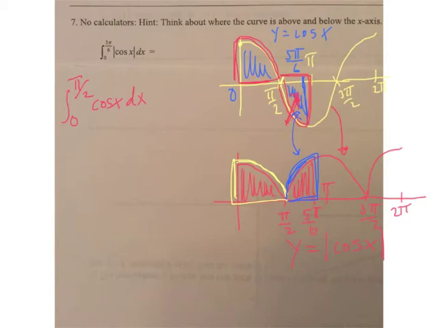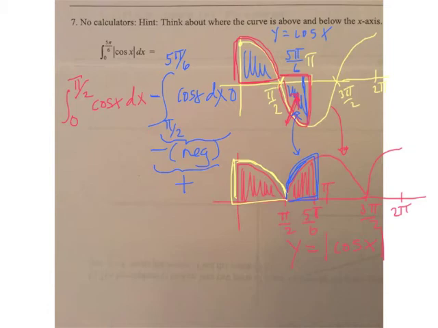So in order to get the opposite signs, I subtract off the integral from pi over 2 to 5 pi over 6 of cosine x dx. This value in here is going to be some negative number. And if I subtract a negative number, I'm going to create some positive value.